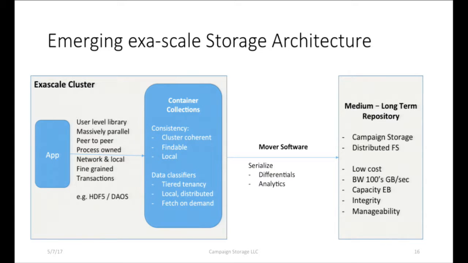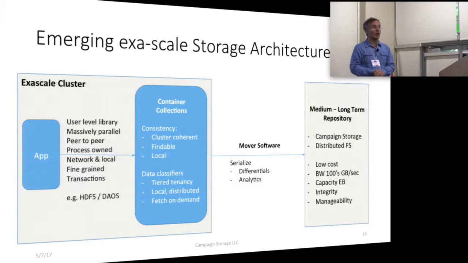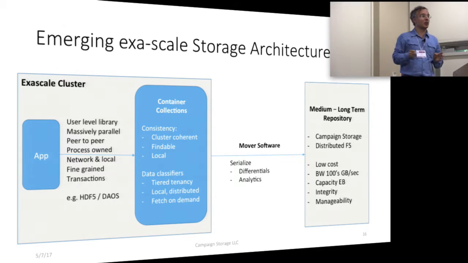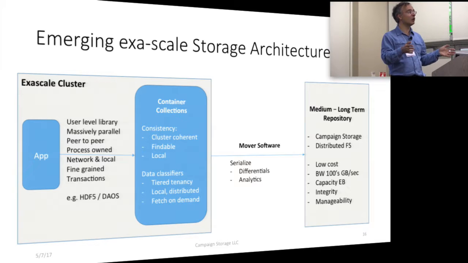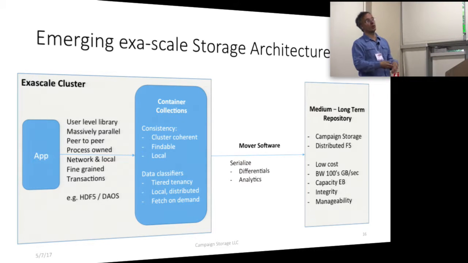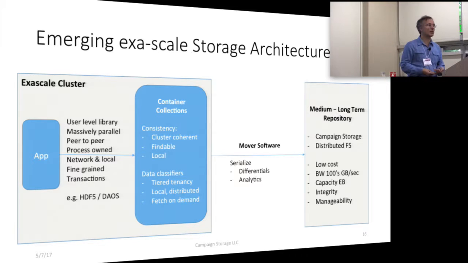Things like transactions, often peer-to-peer communications for fast synchronization, and some erasure codes. Multiple forms of data will be managed in the containers. Some data might be completely local, other data will be consistent in the cluster, but some data doesn't have to be 100% consistent in the cluster; it merely needs to be findable. It might be handled by one node, but if that node dies, you will need to find its snapshot back, perhaps, or its checkpoint.